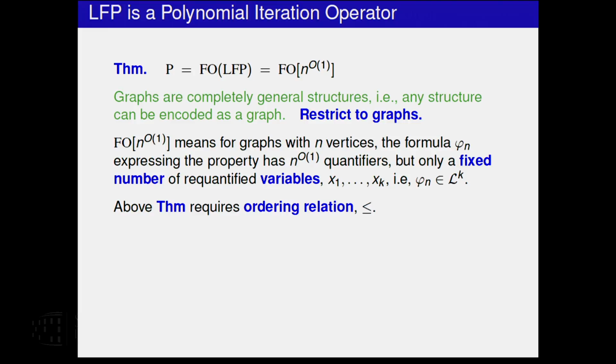But from a computational point of view, I want to input that graph, so I need vertex 1, vertex 2, up to vertex n. They have to be ordered. That ordering has nothing to do with the properties of the graph. I don't want an algorithm to take that graph and use the ordering and do something special because of the ordering. So I'd like to know, I have my algorithm, is it order independent?